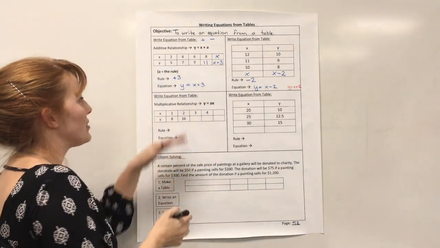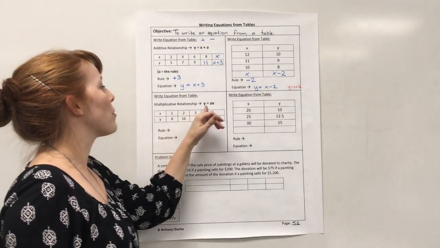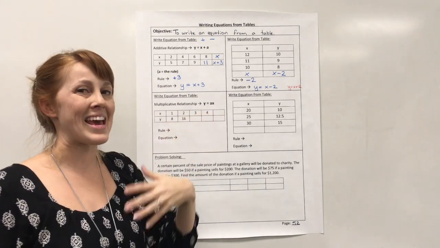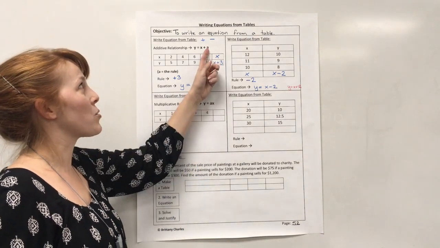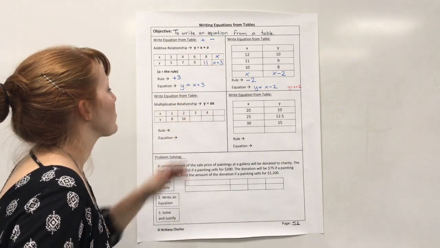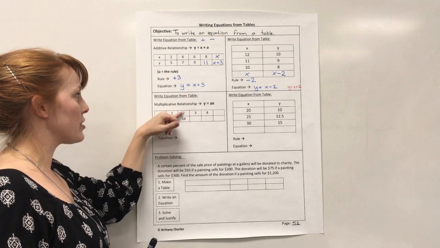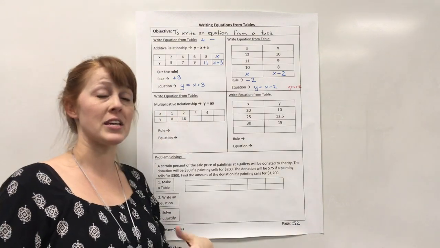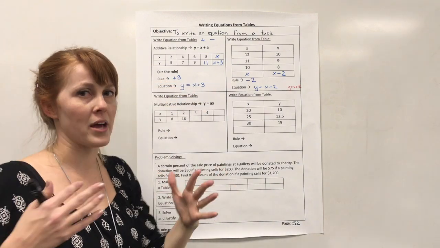All right, now let's look at a multiplicative relationship. The formula for that is y equals ax, meaning whatever you're multiplying is the a, just like up here, whatever you were adding or subtracting went in for a. First I notice it's getting larger, so it's increasing, which tells me either adding or multiplying.